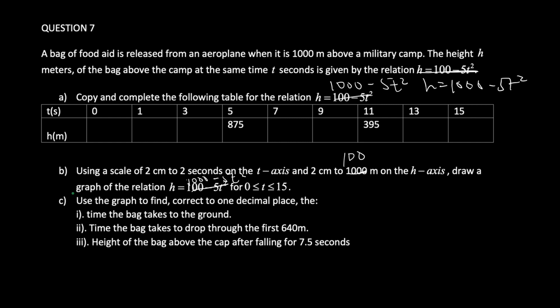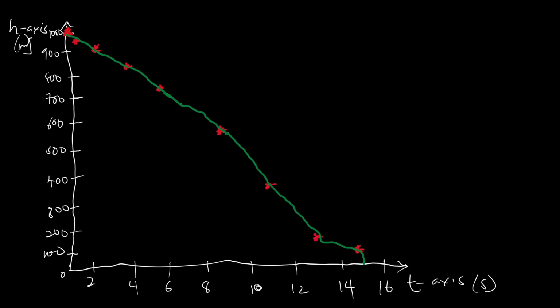Now moving on to question 7c. It says use the graph to find, correct to one decimal place, I. the time the bag takes to reach the ground. So question 7c I. When the bag gets to the ground, h will be 0. So we are finding t at h equals 0.